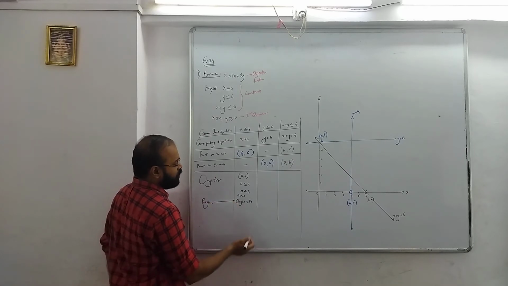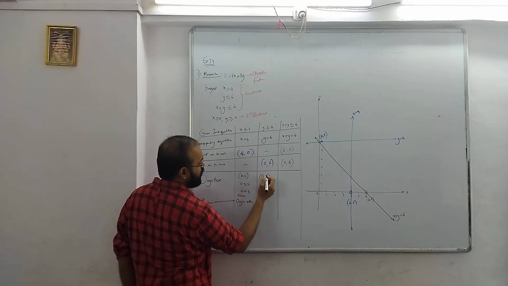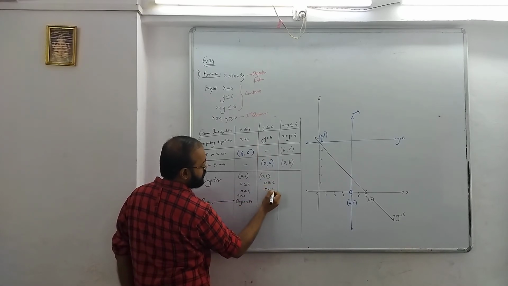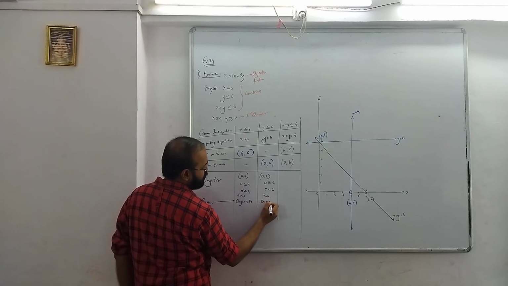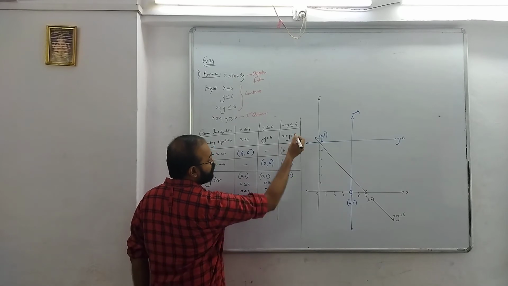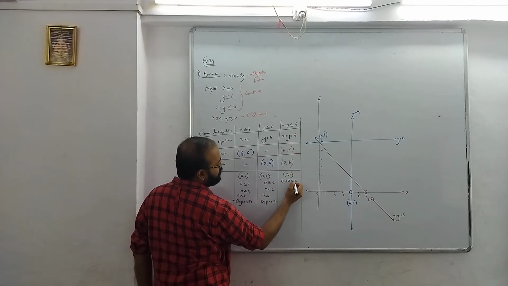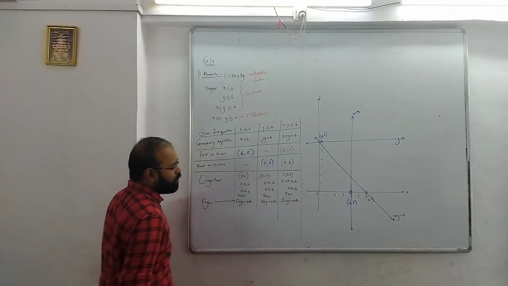Region is origin side. Same way, 0 less than or equal to 6 is true, so origin side. And 0 plus 0 less than or equal to 6 is also true, origin side.